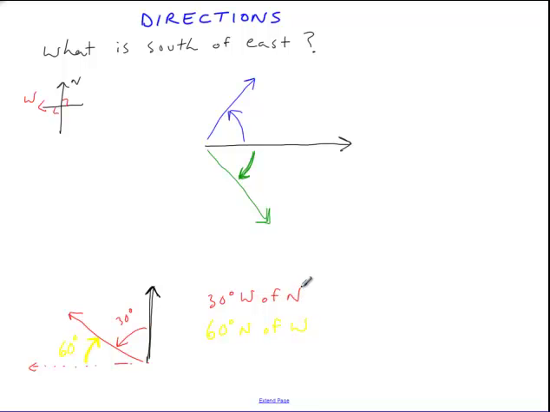So it's up to you how you state it. Just make sure that you state it correctly when you answer it. It has to be the right way. Don't figure out this angle and then tell it to me north of west, because it's going to be wrong. So just keep track of which way you're going. Like south of east, north of east, west of north, north of west.